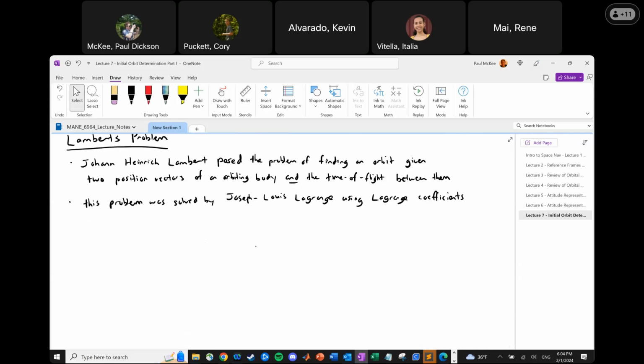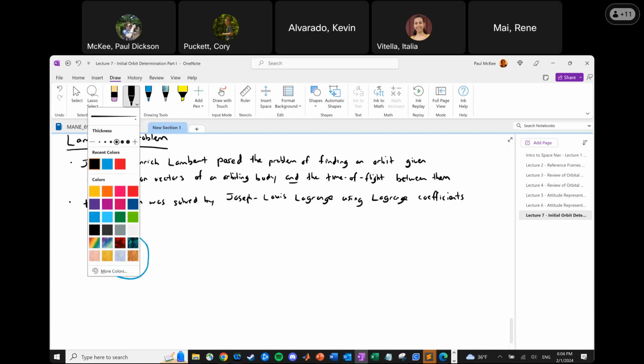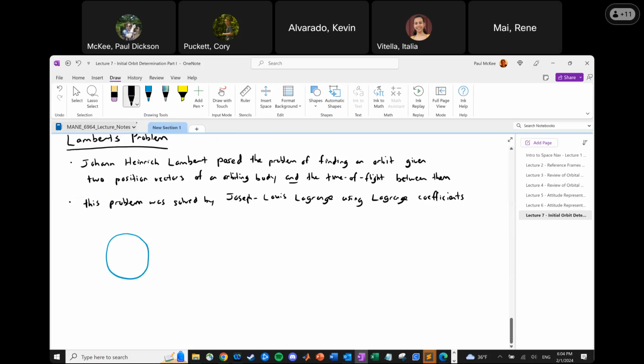Joseph Louis Lagrange. And so our problem is going to look like this. Let's get another picture of the Earth going here. So we've got the Earth, and let's say we've got our reference frame here.